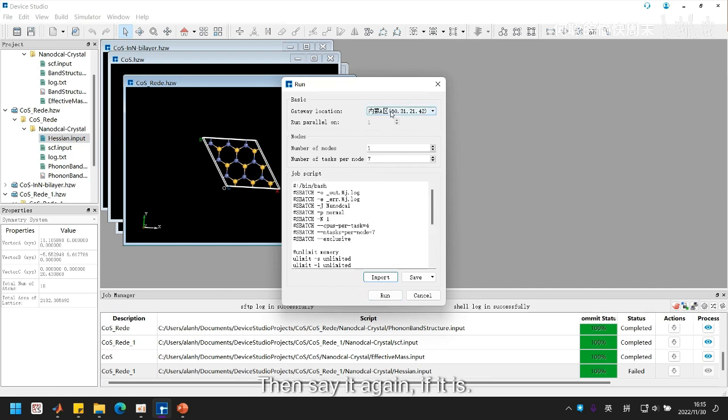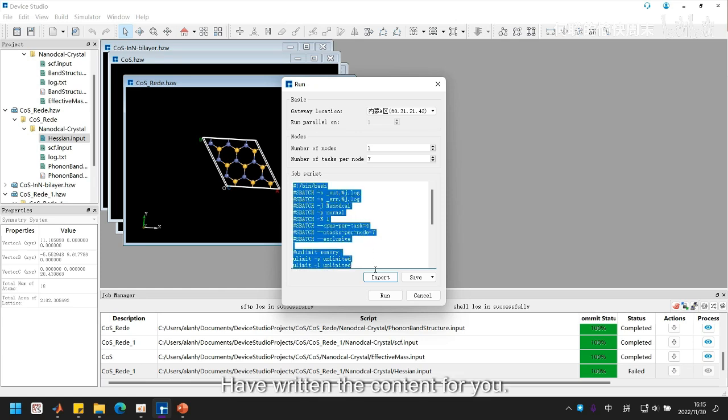Then, say it again: for students who use the Shanghai supercomputing cloud, if you choose this supercomputer in Inner Mongolia area A, their script file has already had the content written for you.